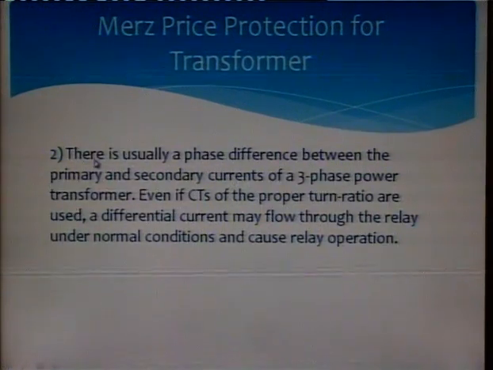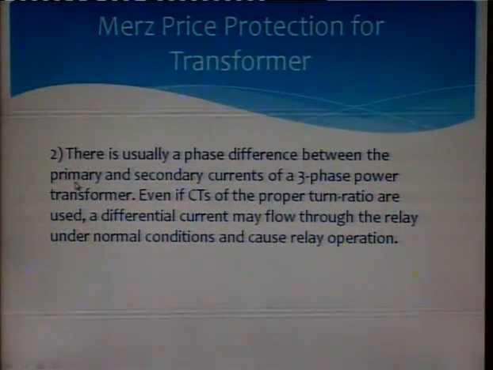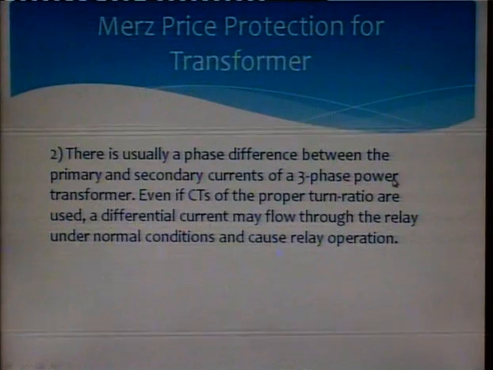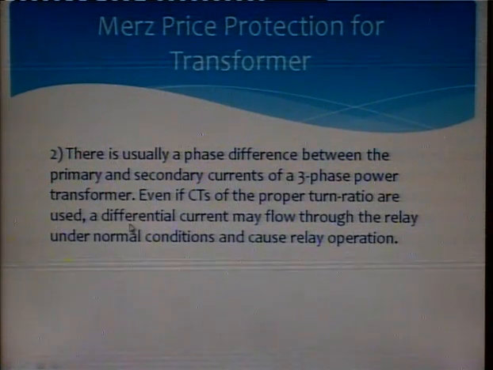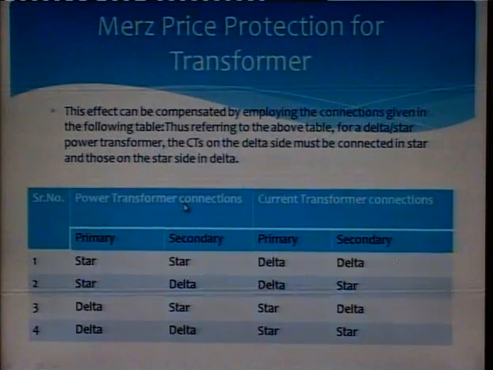Now, the second main complication is there is usually a phase difference between the primary and secondary currents of a 3-phase power transformer even if CTs of the proper turn ratio are used. So, a differential current may flow through the relay under normal condition and may cause relay operation. So, this is again a second problem.